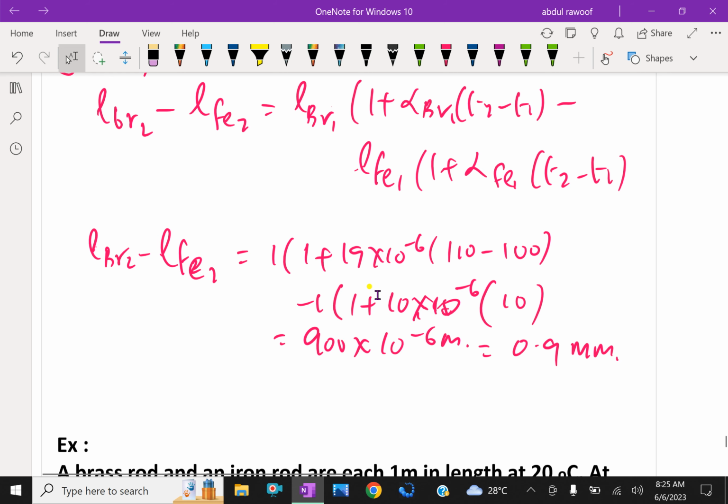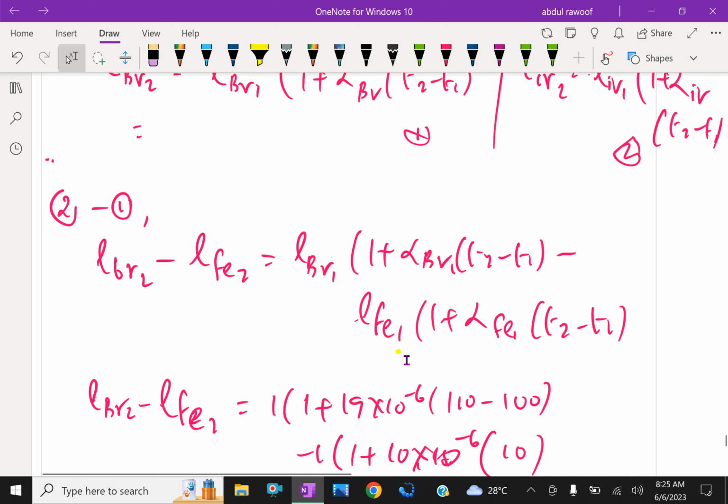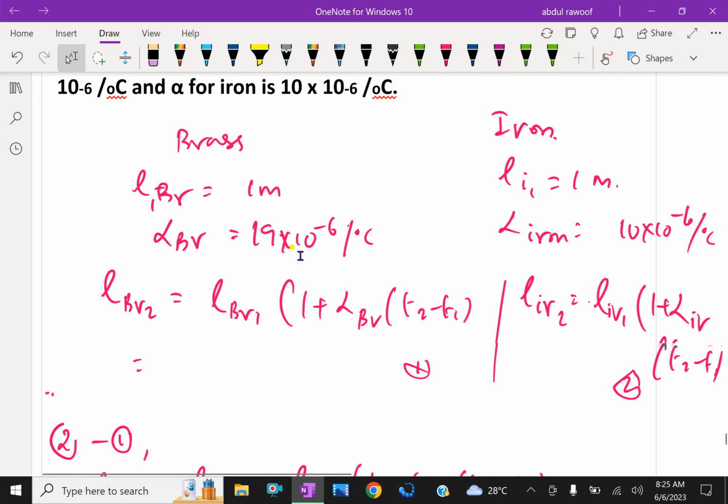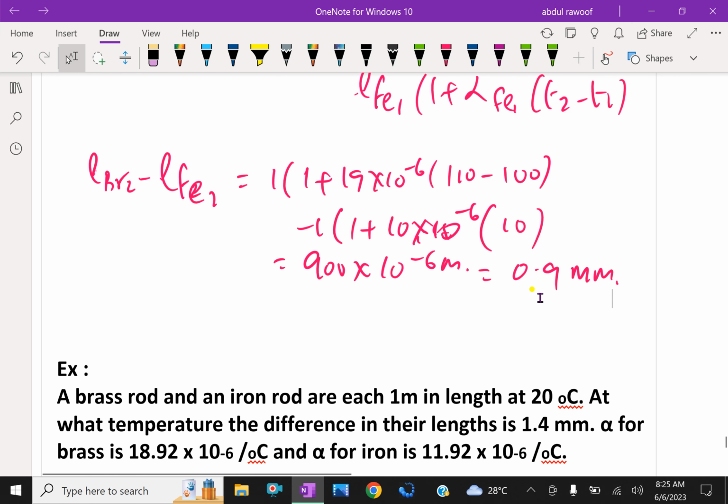Therefore, the difference of their length after heating to 110 degrees Celsius is 0.9 mm.